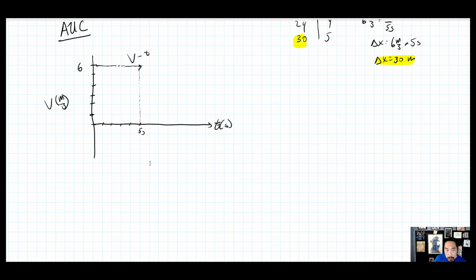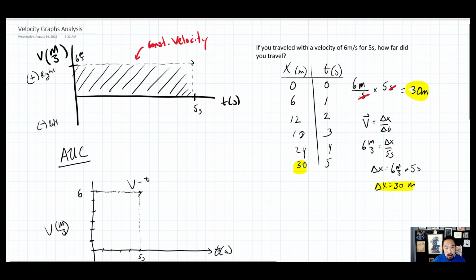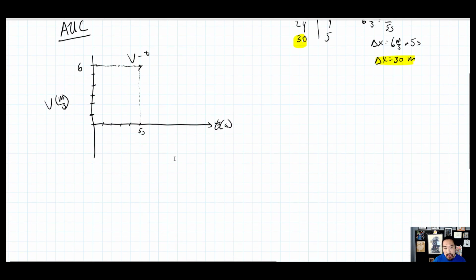If you remember from the previous graph up here, I shaded in that shape. In this case, I want to do the same thing, but with intent. What I mean by that is I'm going to show you where we can find our answer of 30 meters.